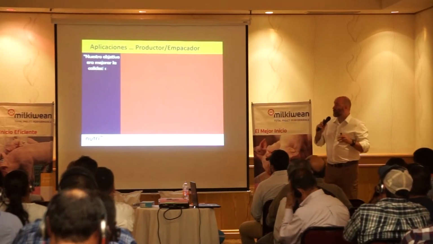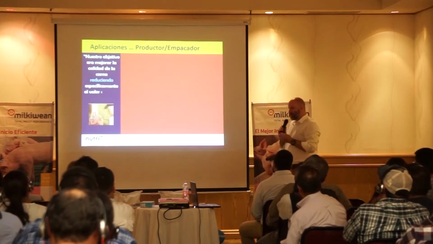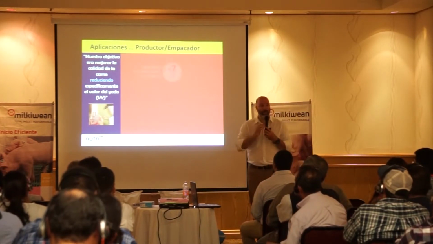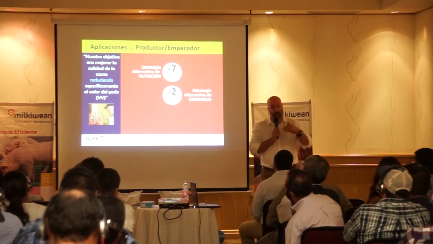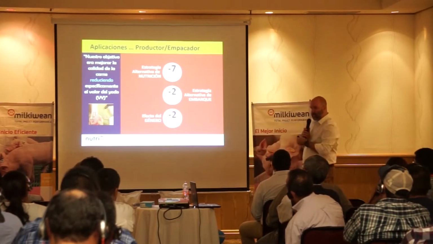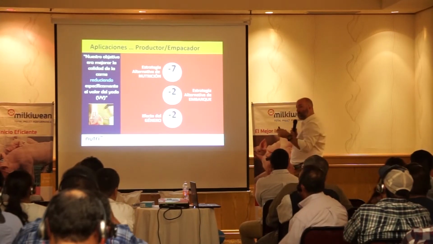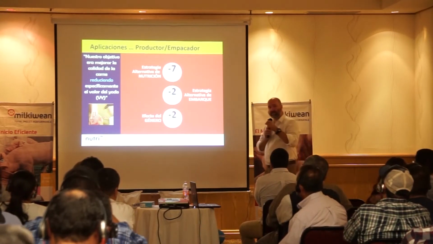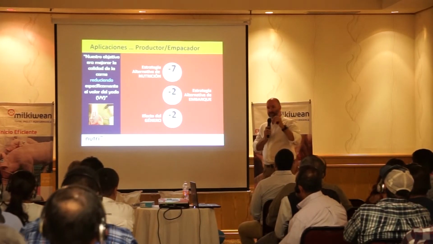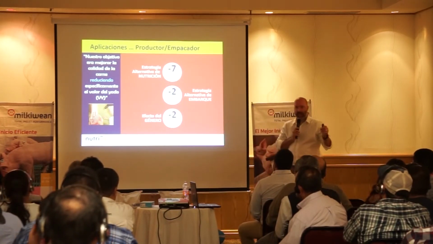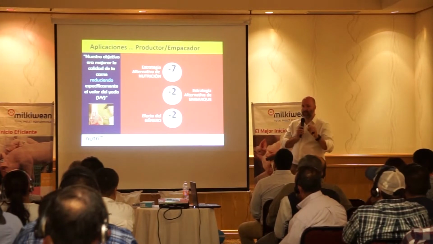And the final application we have, this one would be a packer that's actually owned by producers. So it's a cooperative of producers in Canada that own a packing plant, and they all send the pigs there. And what they wanted to do, they wanted to send pigs to the Japanese market. It's a lucrative market. They get very good premiums for those animals, but they have a problem with carcass quality.